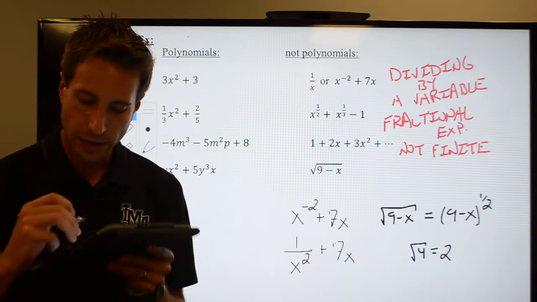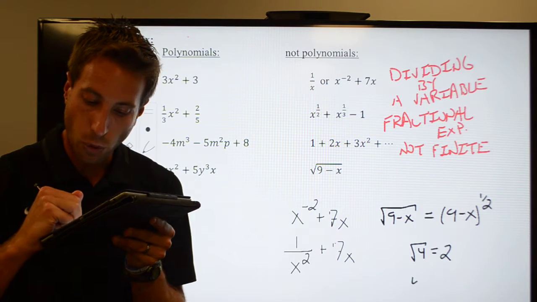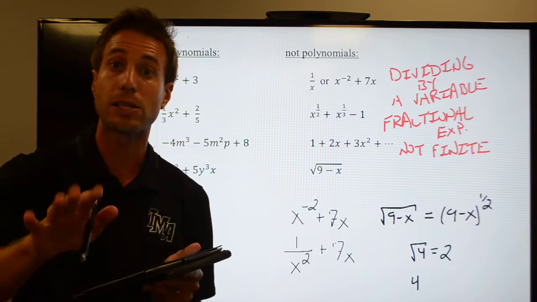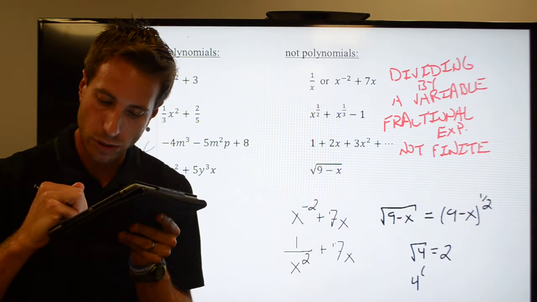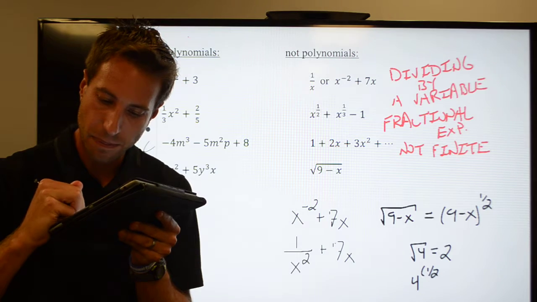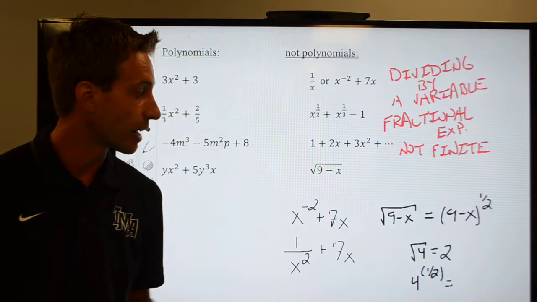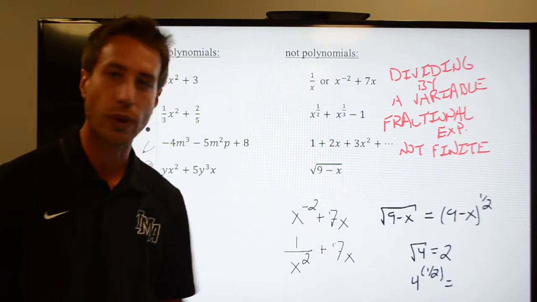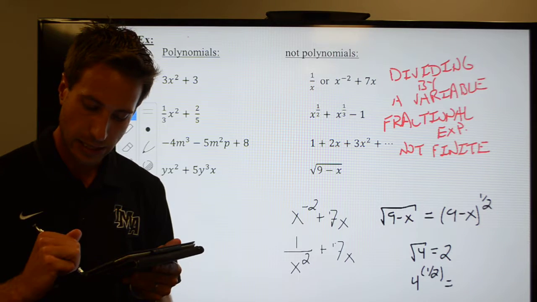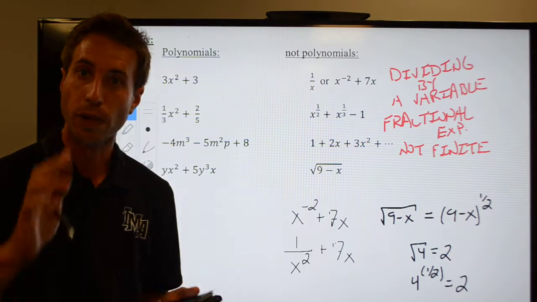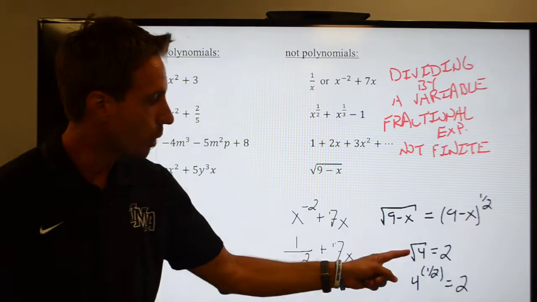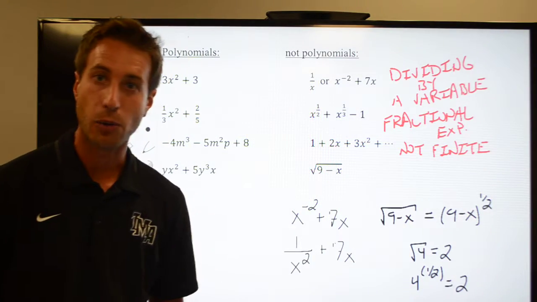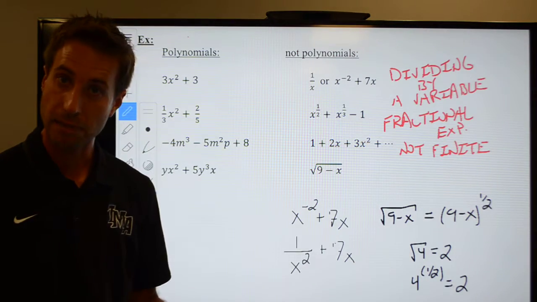Using that exact same calculator, go ahead and do 4, and raise that 4, please put it in parentheses, raise that 4 to the 1/2 power. Your calculator, once again, when you do 4 raised to the 1/2 power, is going to give you an answer of 2. The reason is because square root and 1/2 power are the exact same thing. They mean the same thing.